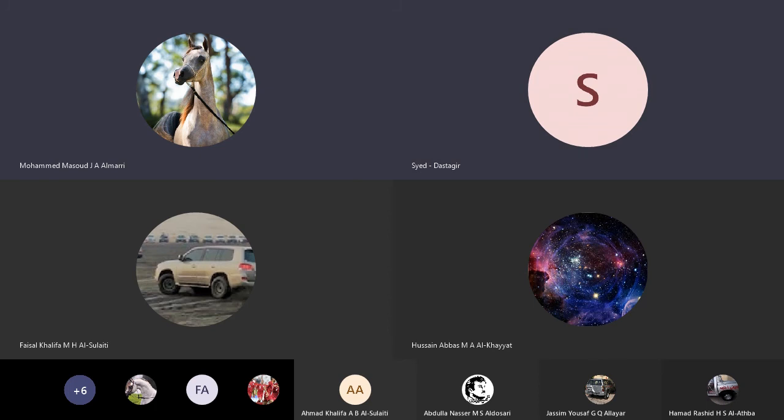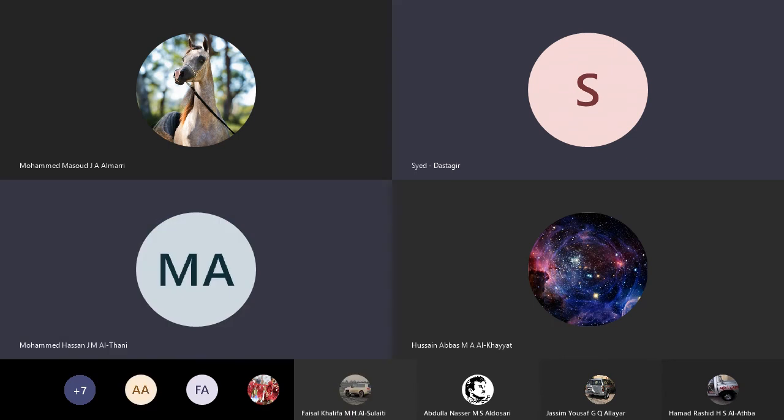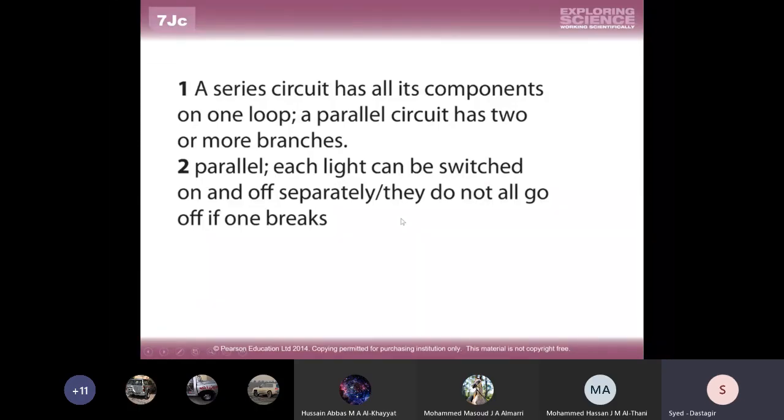No, in a series circuit, if one light bulb breaks, then all of the other light bulbs will break. However, in a parallel circuit, if one of the light bulbs breaks, the others will stay on, because there's another way.